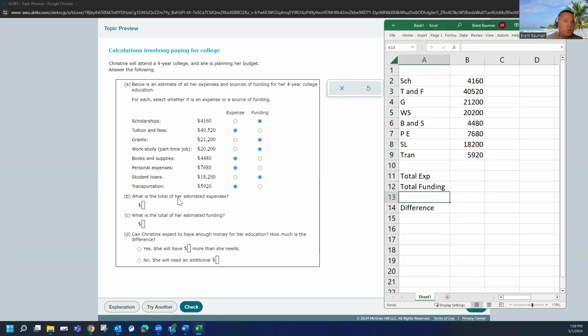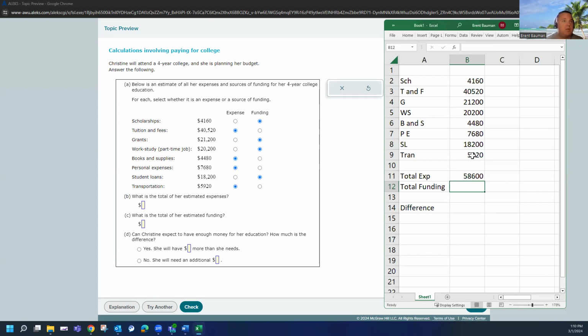So what is the total of her expenses? I'm going to go back to my Excel document that I have set up. And remember, you can always pause and catch up if you need to. So we're just going to have equals, and we're going to sum up all the expenses. So we've decided that's tuition and fees plus books and supplies plus personal expenses plus transportation.